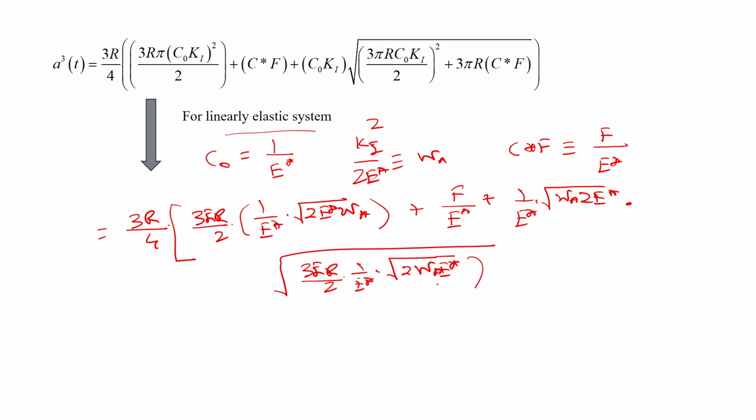This whole term is square, plus this is 3 pi r and this is F by E star, like this. So, we have all these things.